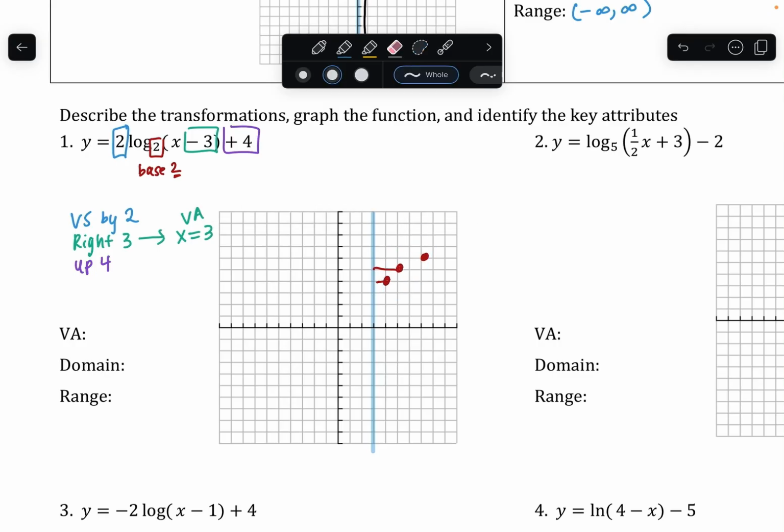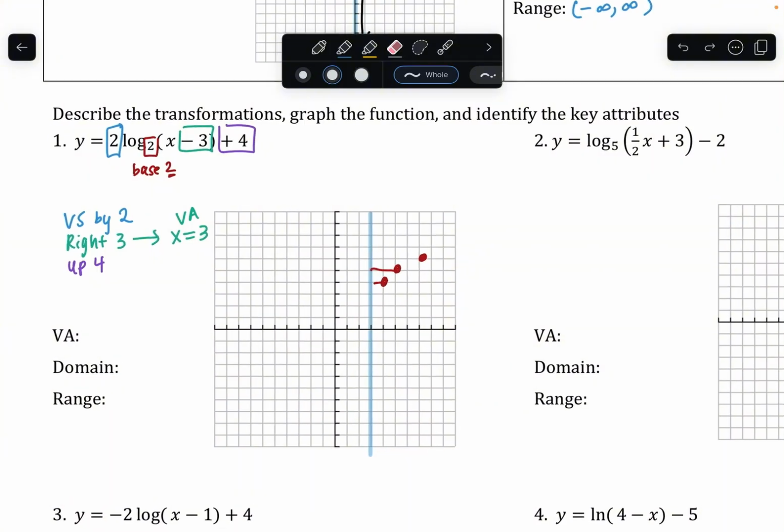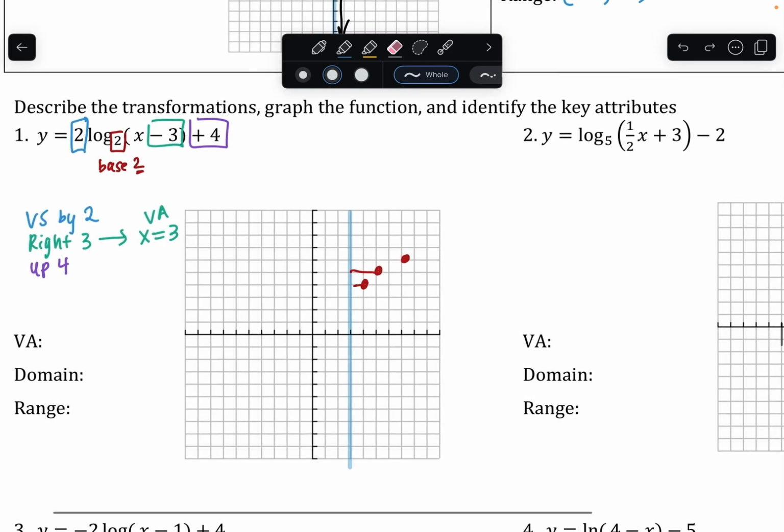Okay, and so then when you're making your graph, because we have a vertical stretch by 2, these points are usually a distance of 1 vertically away.